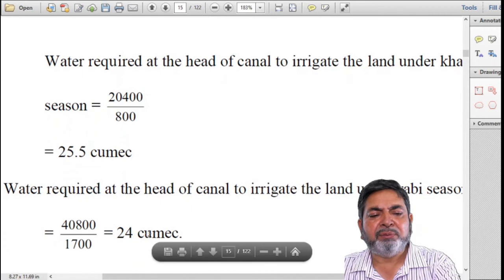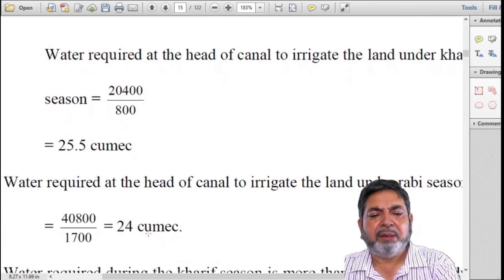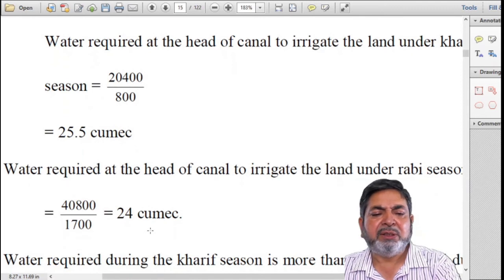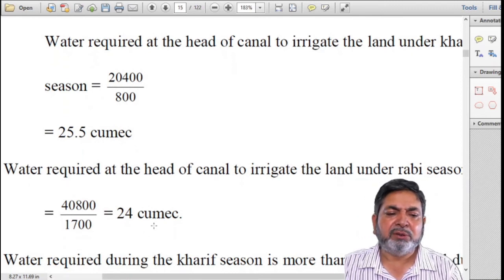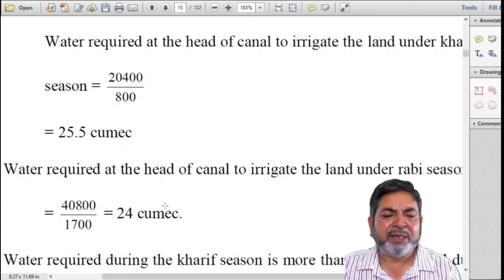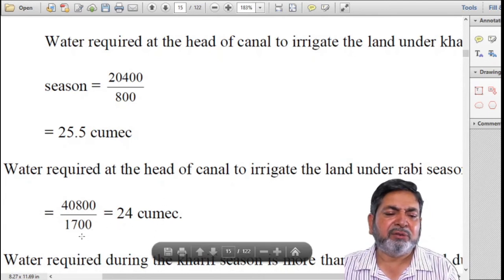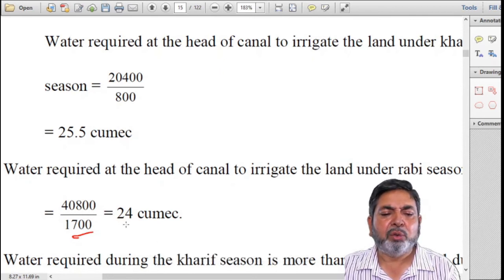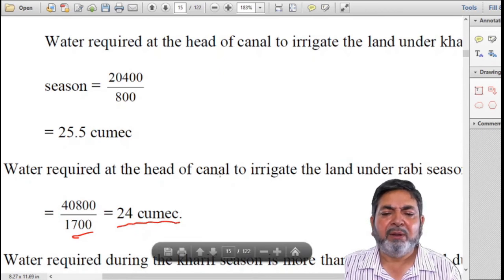And the water required at the head of canal to irrigate the land under Rabi season is equal to 40,800. This is the area, and it is to be divided by the duty which is given to you for Rabi season. This is 1,700. So you are getting here 24 cubic discharge for Rabi season.